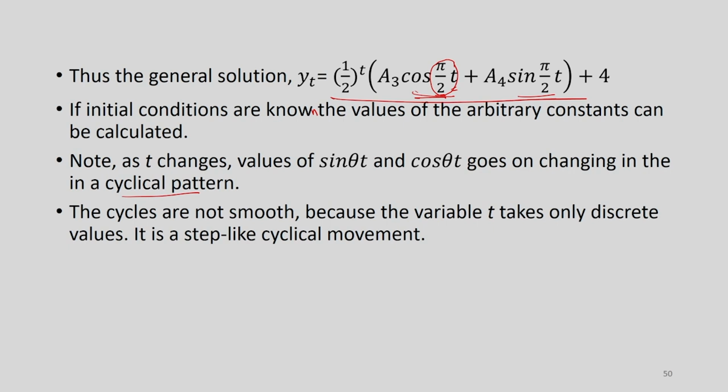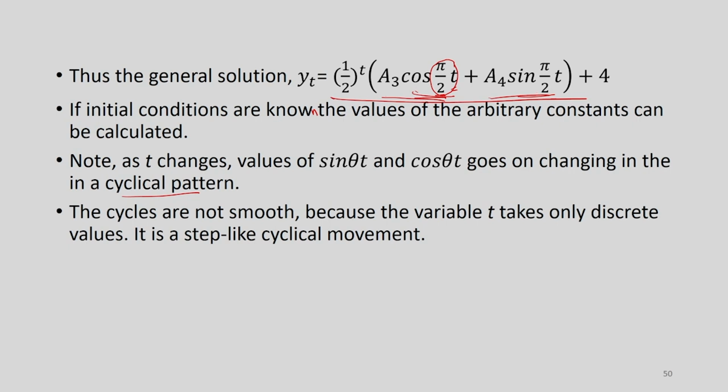The cycles are not smooth because the variable t takes only discrete values; it is a step-like cyclical movement. So, t will take only values like 0, 1, 2, 3, 4, discrete values. Corresponding to that, the sines and cosines will go on changing accordingly.